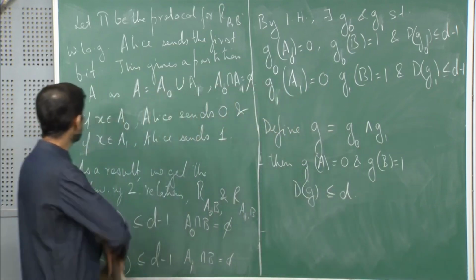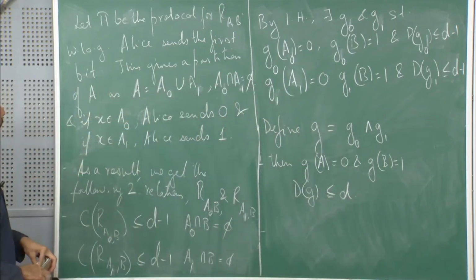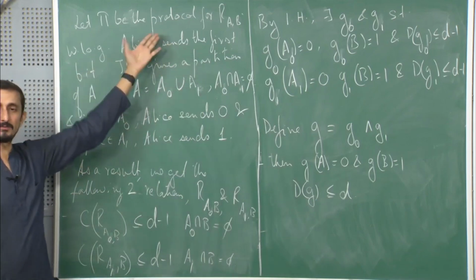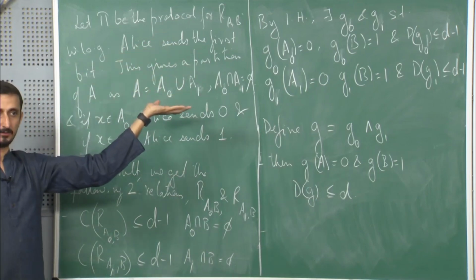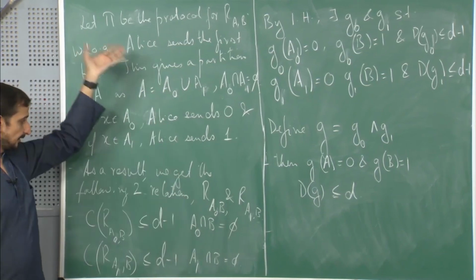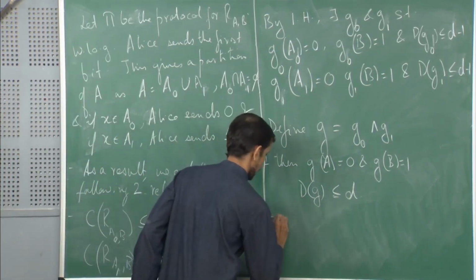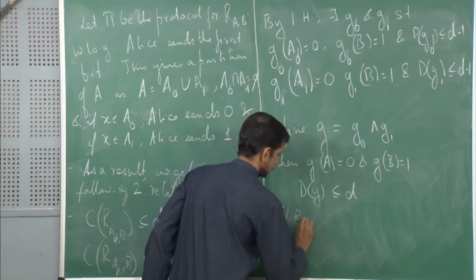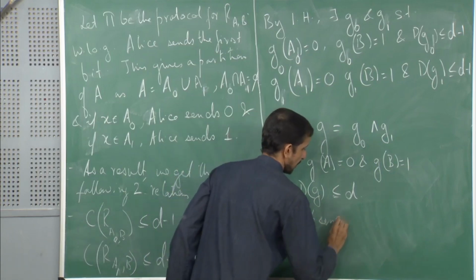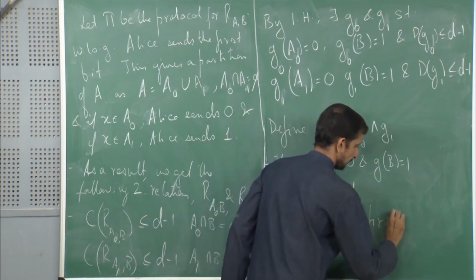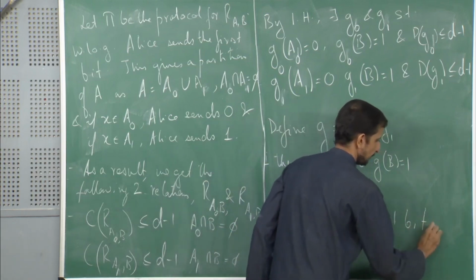Okay. Now this entire thing was when Alice had sent the first bit. Okay. What if Bob had sent the first bit? So if Bob sends the first bit, what do we do?